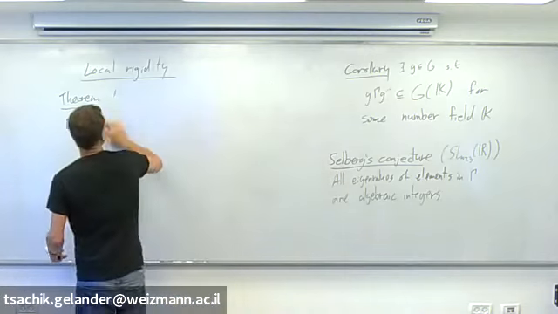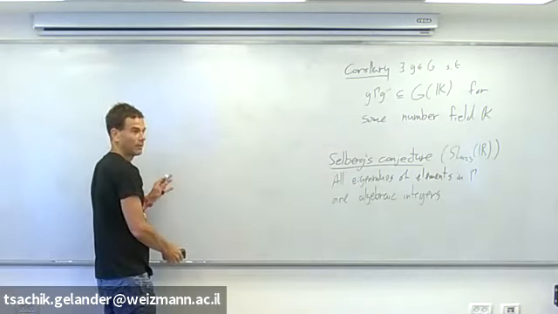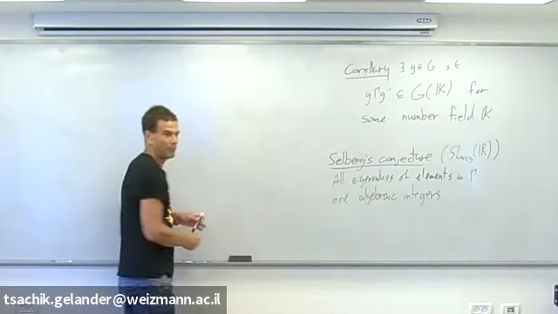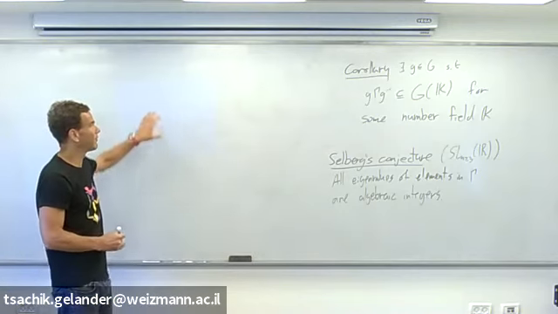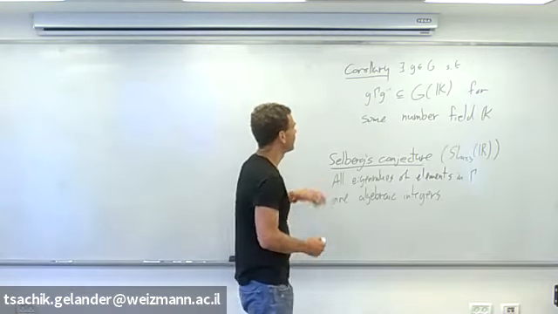Did you say how to get from local rigidity to the corollary? I explained it last time. Basically, it's a consequence of the implicit function theorem.